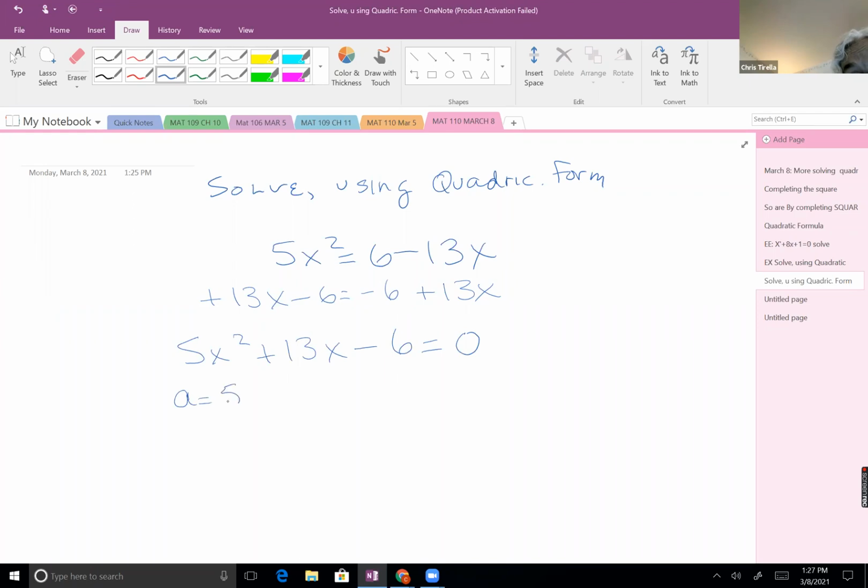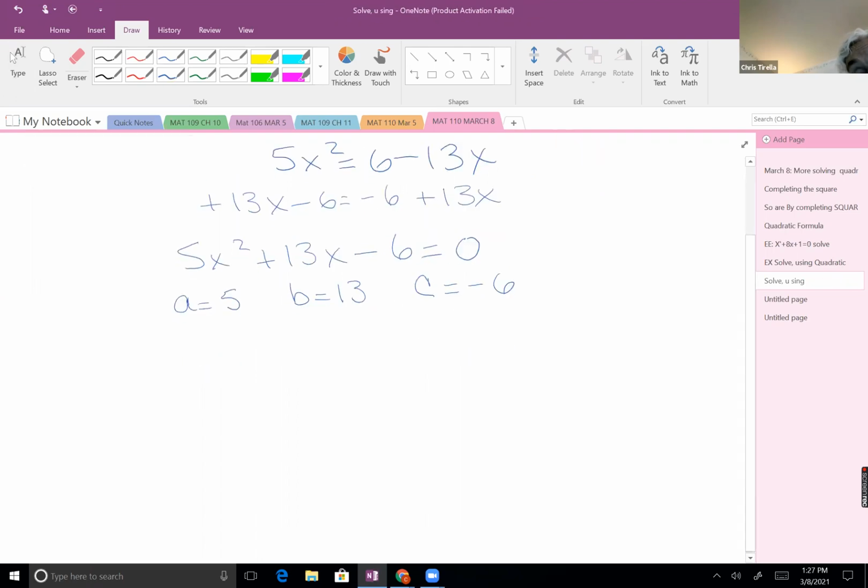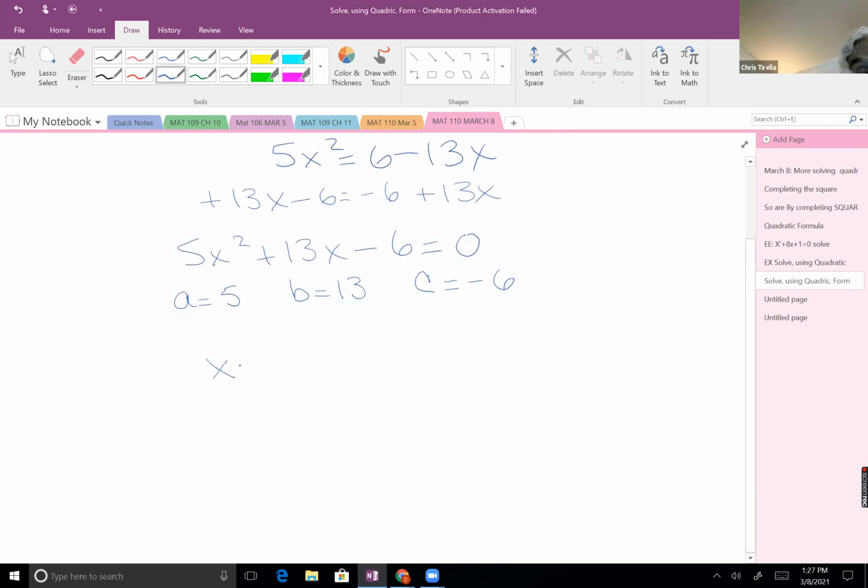So A is 5, B is 13, C is negative 6. I'm going to substitute into x equals negative b plus or minus the root of b squared minus 4ac all over 2a.